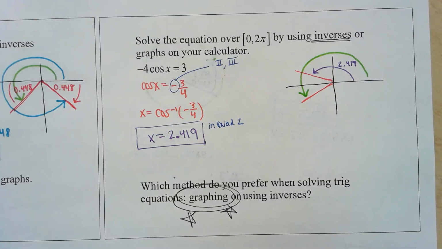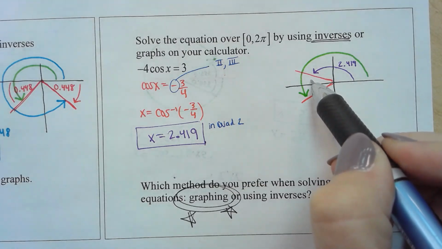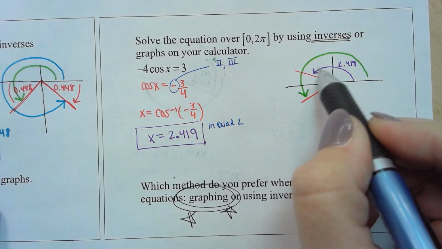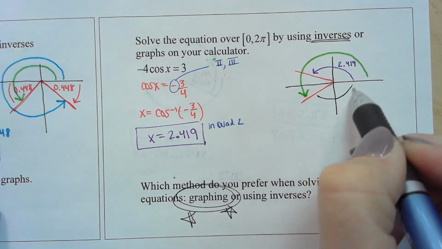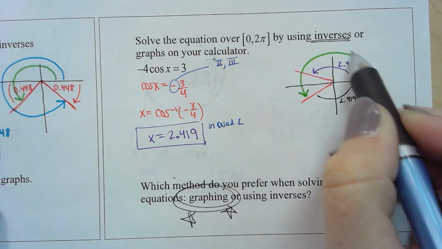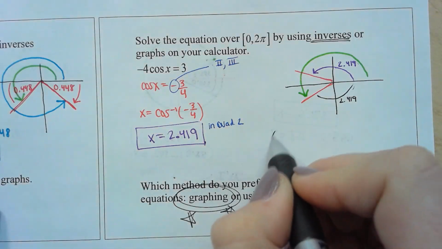And I don't have this little slice of pizza. And I can go find it. I don't need to though, because if this purple arc is 2.419 and this arc is also 2.419, which means the green arc is the full circle minus that.